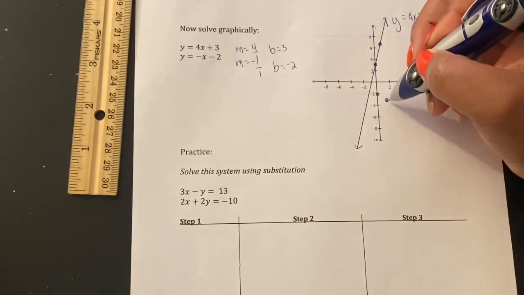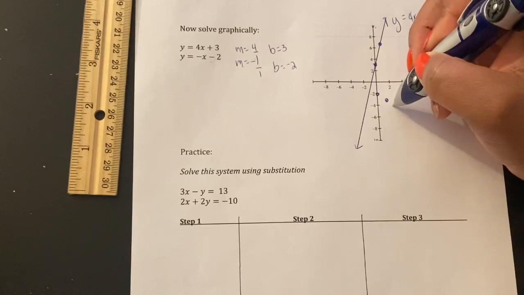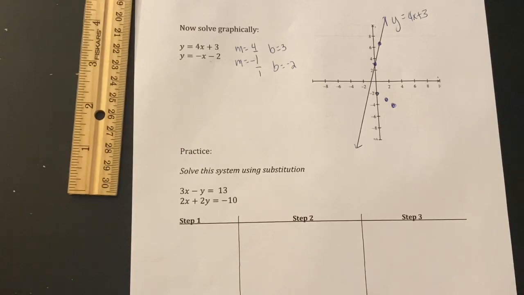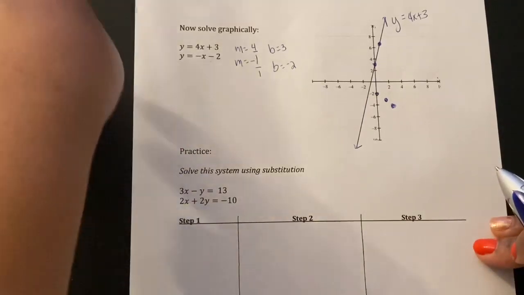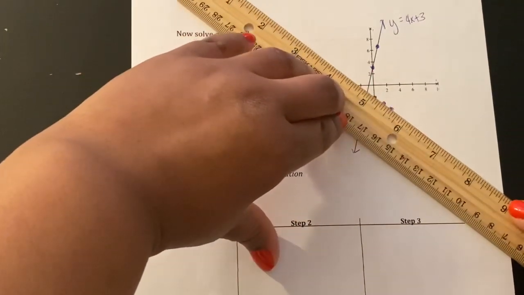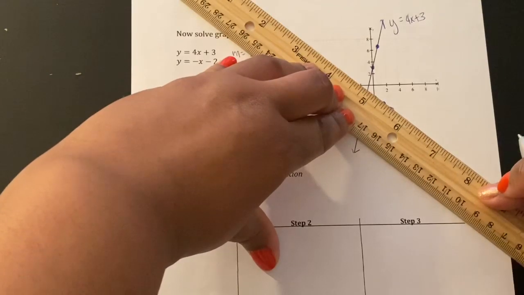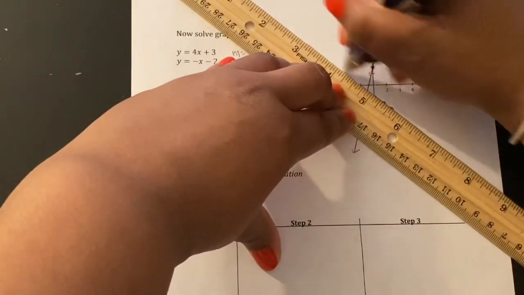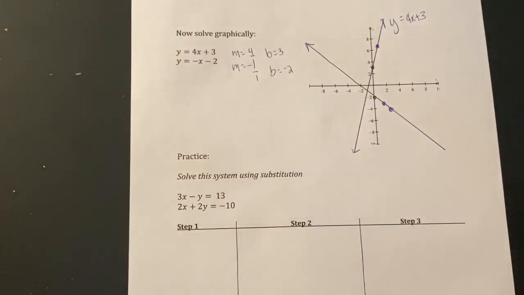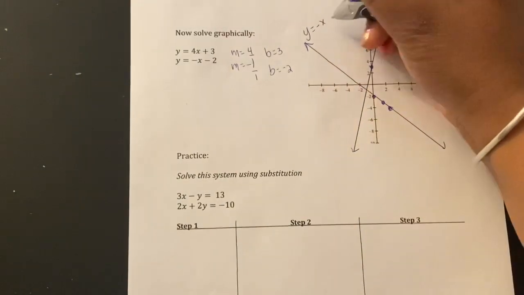I'm going to do it again: down 1, to the right 1. And I'm going to connect my dots. And this is the line y equals negative x minus 2.